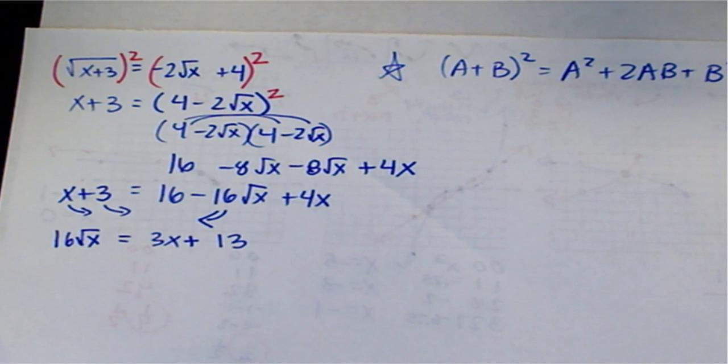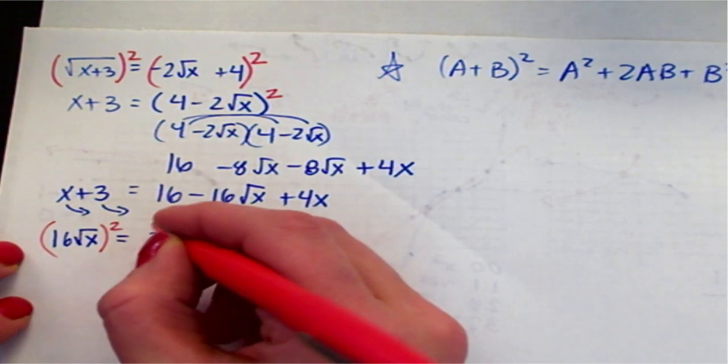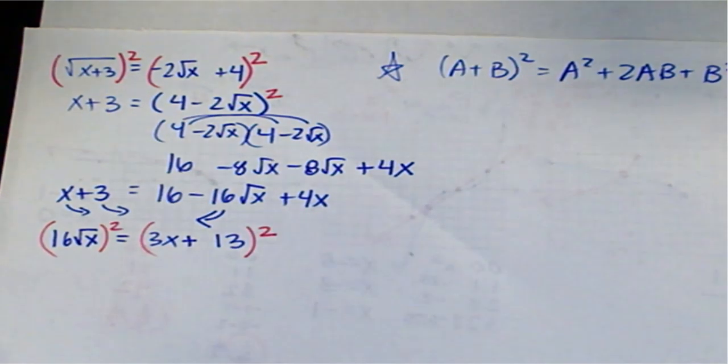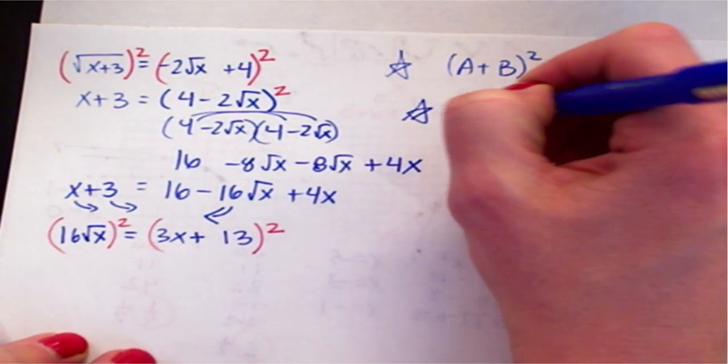Now, should I divide by 16 or not? No, not really a good idea. 16 does not divide nicely with 3 and 13. So let's just leave it where it's at. Square both sides. Okay, careful on your properties.